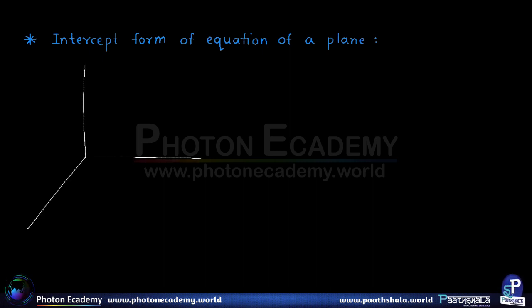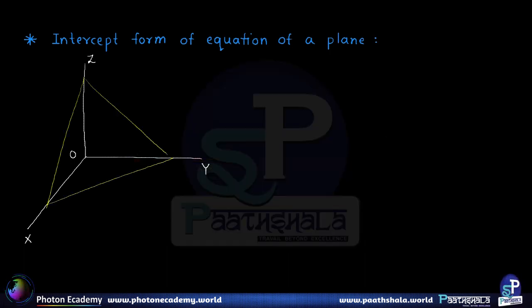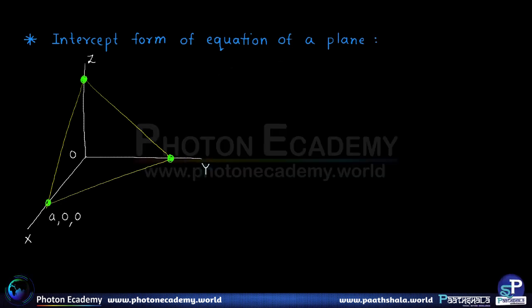Suppose there is a plane which intersects the x, y and z axes in three different points. Let us consider the most general case. Here we are showing the points where it intersects the axes. Let the point where it intersects the x-axis have coordinates a, 0, 0.